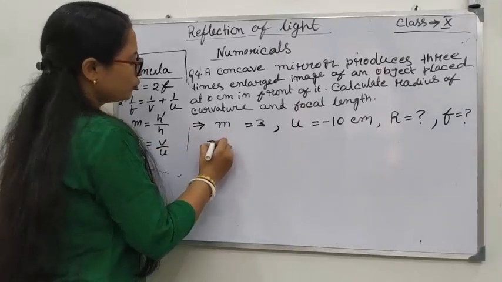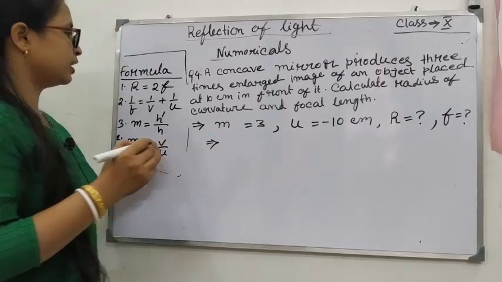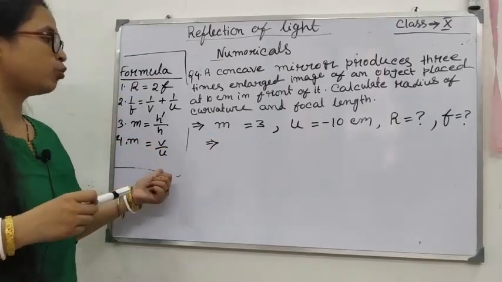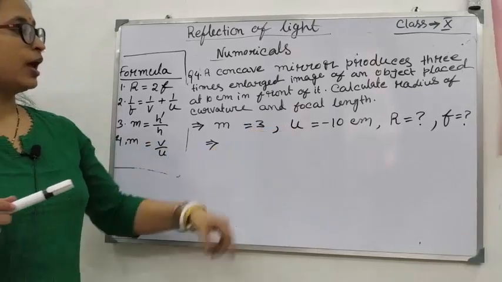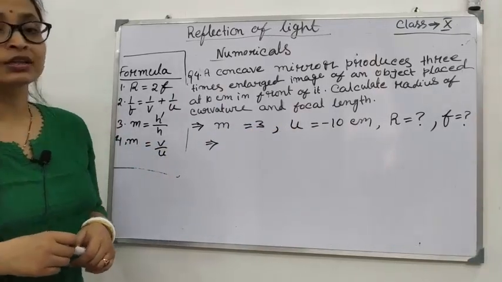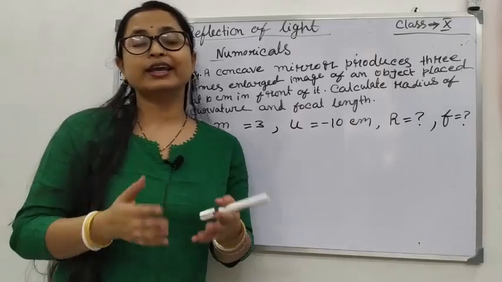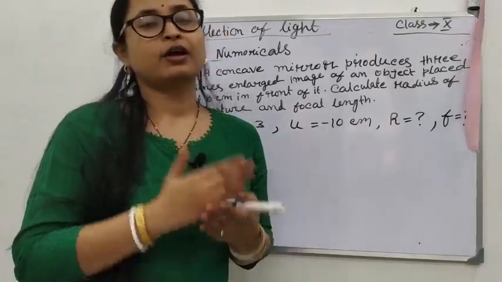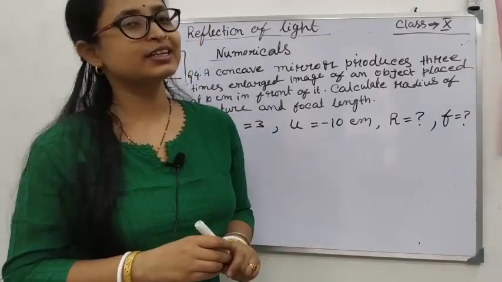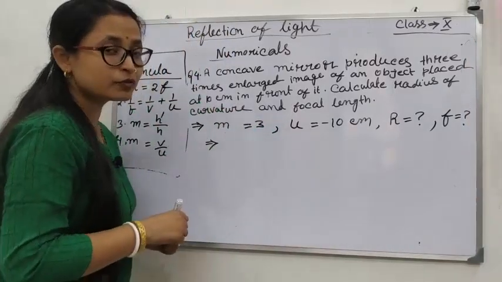What is the formula of m? Here we have to use the formula of m, v by u. Why? Because u is given, and if we find the value of v, then easily by using the mirror formula we can get the value of f. As a result, by doubling it we will get the radius of curvature.